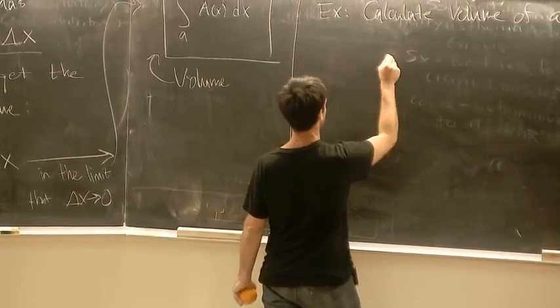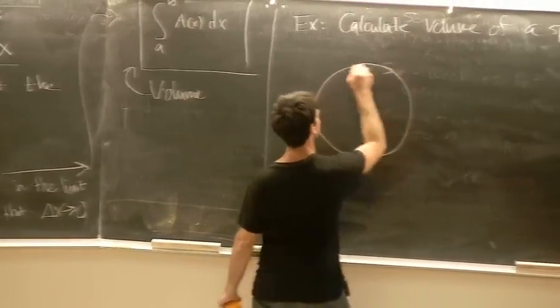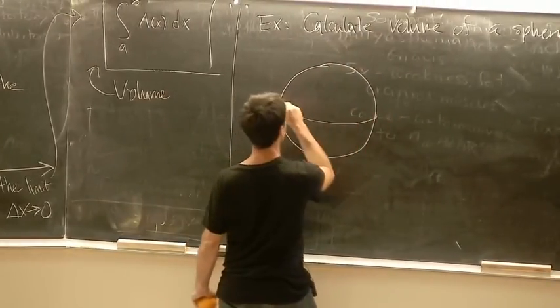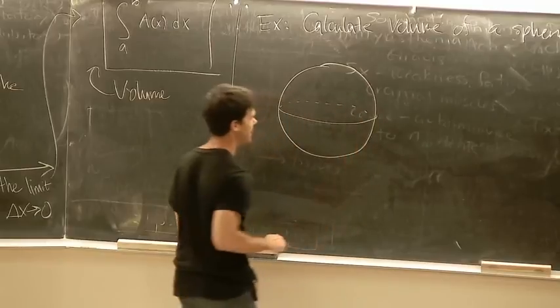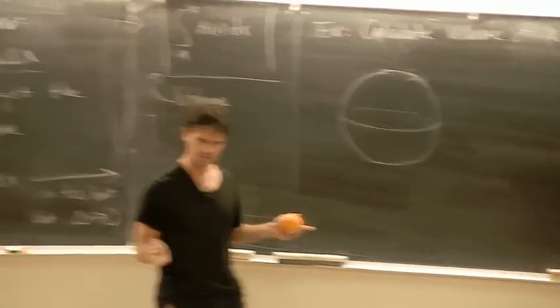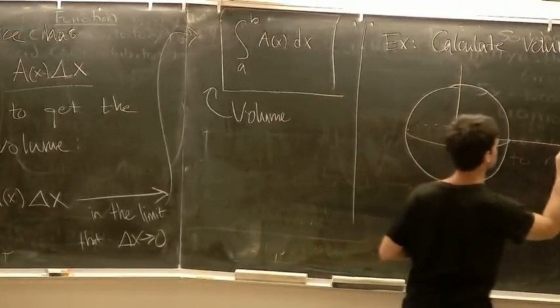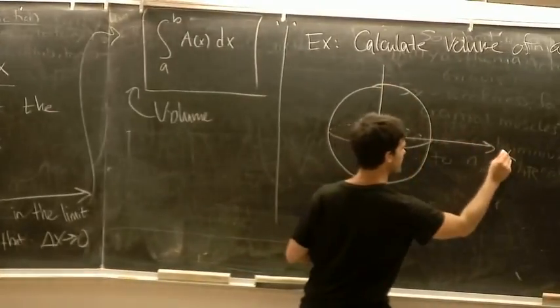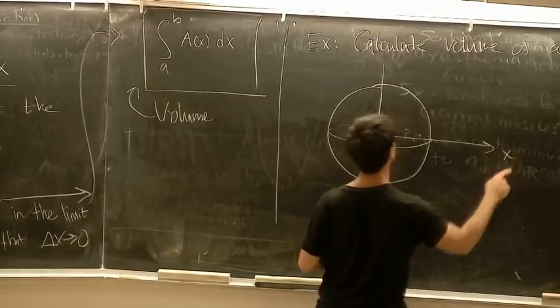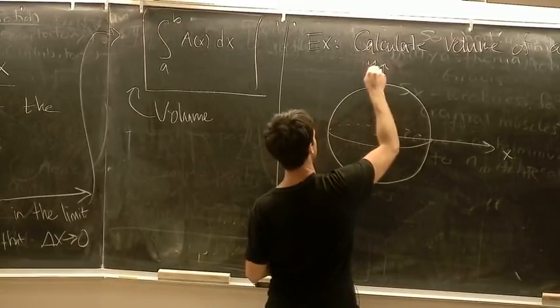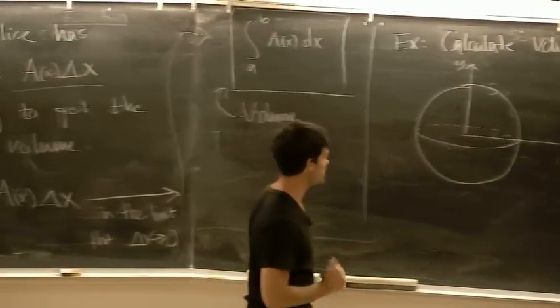So let's draw a sphere. And I'm going to place it in a coordinate system. As usual, let's let this be the x-axis. You can let this be the y-axis, although we're not really going to use that.